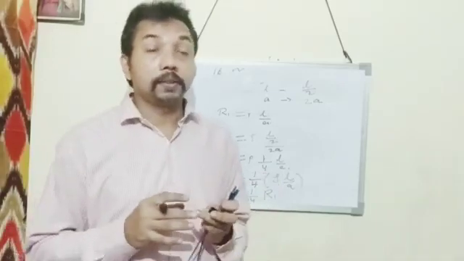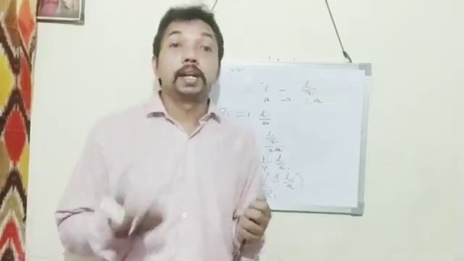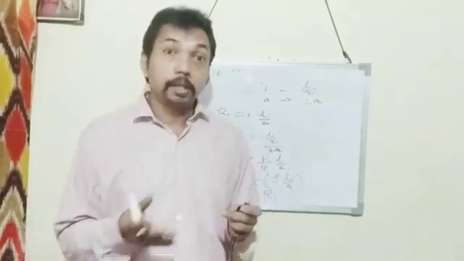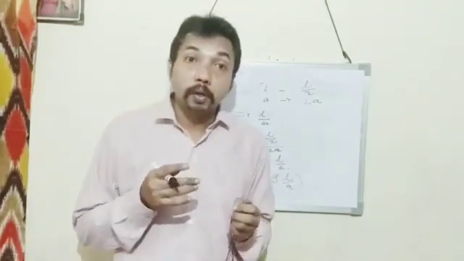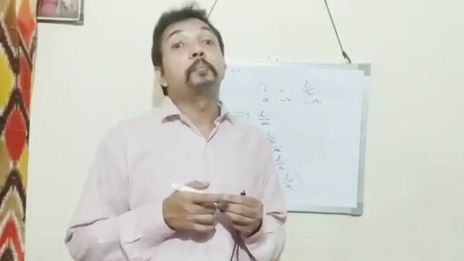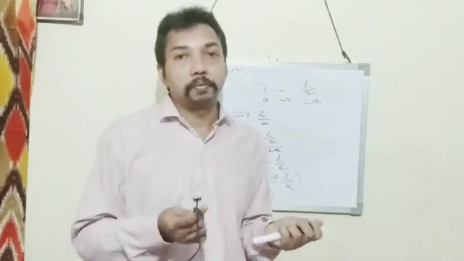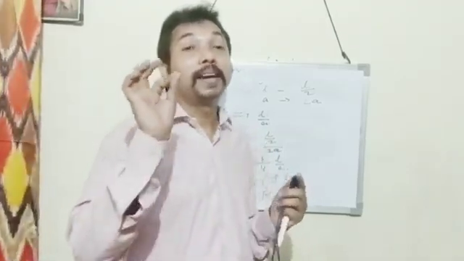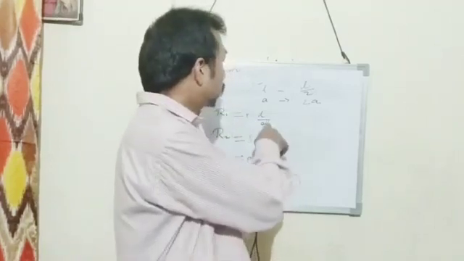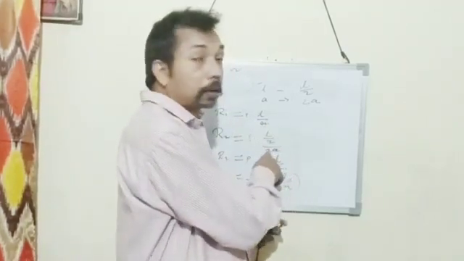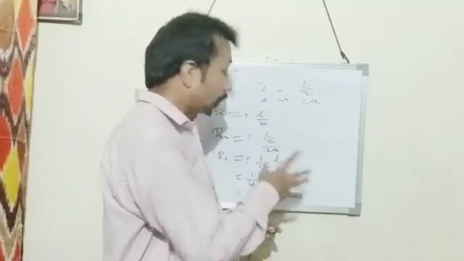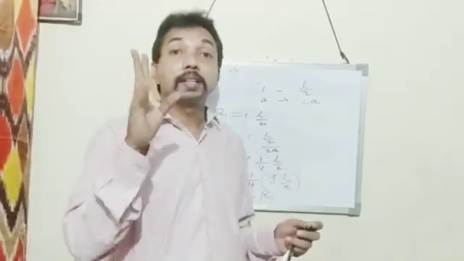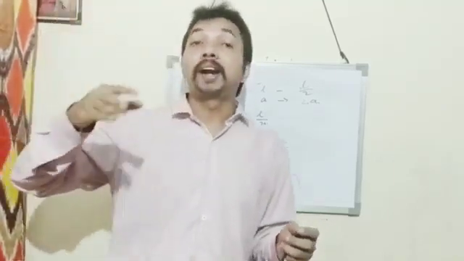So when a wire is doubled on itself, the resistance becomes 1/4. When a wire is tripled on itself, the resistance will become 1 by 9, which means the length becomes 1/3 and the area of cross section becomes 3 times.